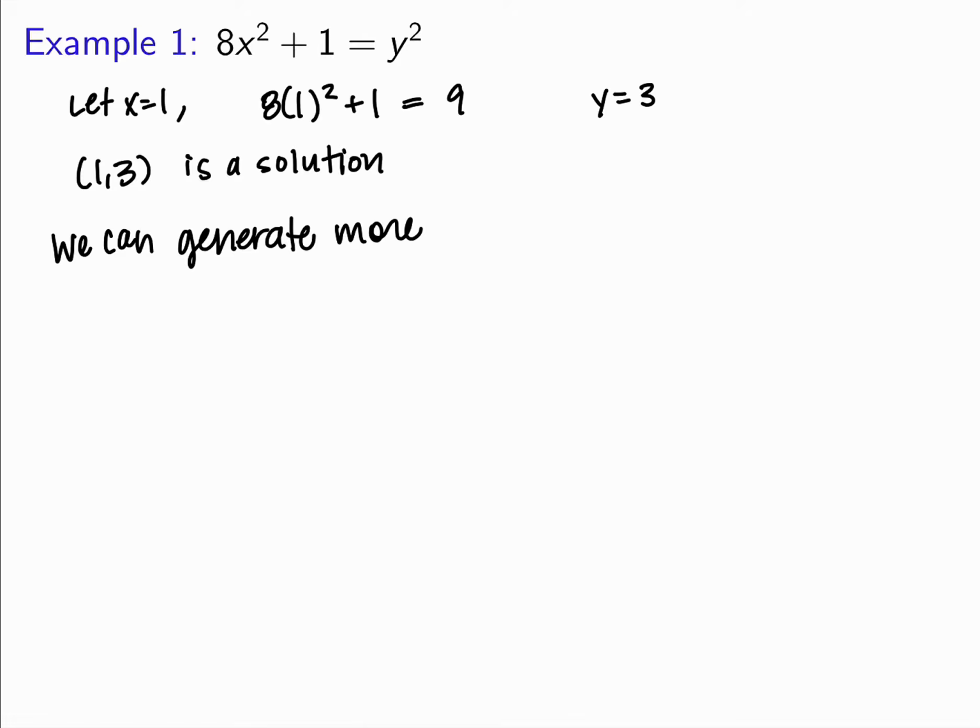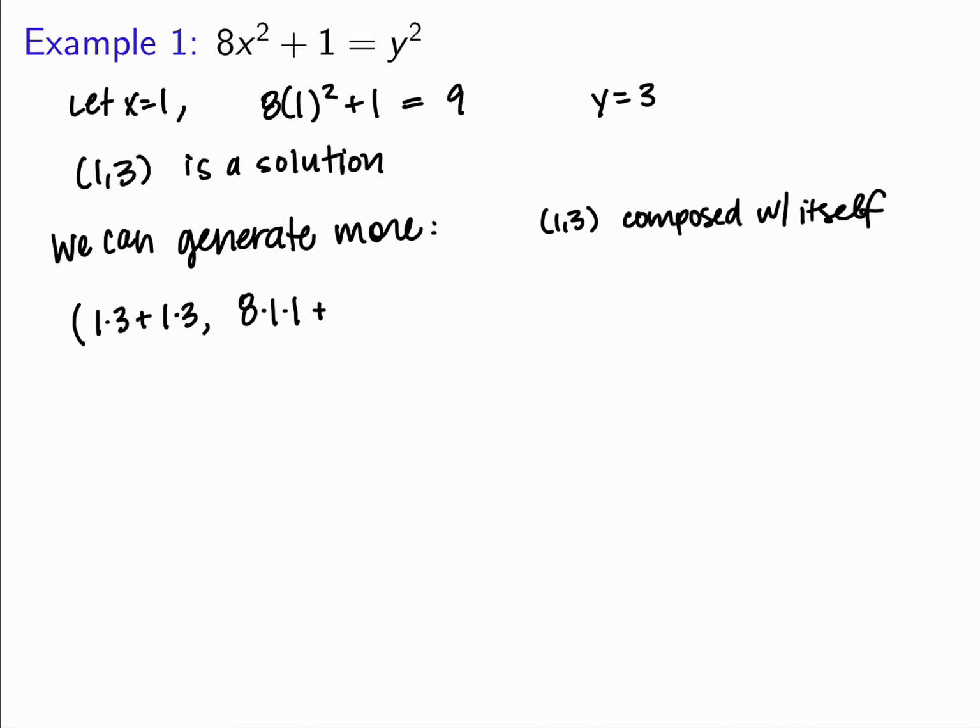All right, so let's generate more. We'll use 1, 3 composed with itself. So remember it was the u times the v plus the other u times the other v. Your d, which was the 8 in this case, times your u's, so both of those are 1s, plus your v's multiplied together, so 3 times 3.